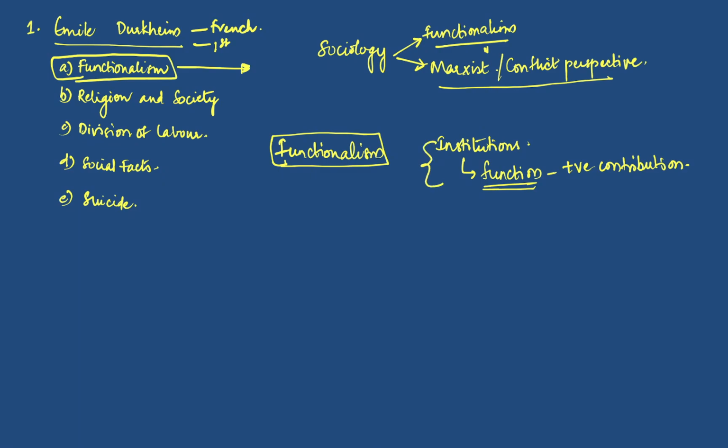To simplify this, let us take an example from daily life that we all know. The human body, for example, right? Let us consider this to be a hypothetical human. If you see this human, he has a head, eyes, and he must be having a heart, lungs, kidneys, etc. So all of these are different parts of the body, one part, second part, third part, and they all have different functions.